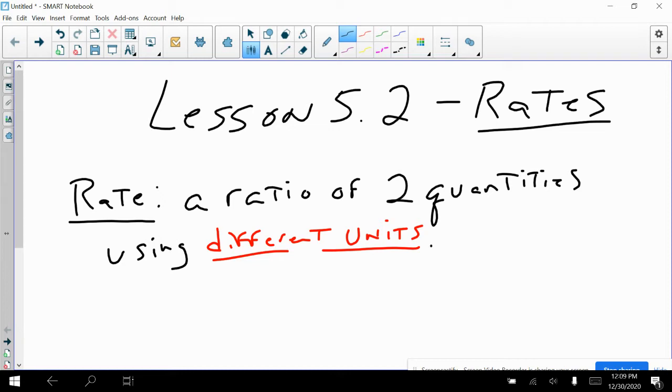Okay, so a rate is a ratio of two quantities. So that's pretty much like a ratio was. But the main difference here is it's using two different units, a different one on the top and a different one on the bottom. Okay, we like to use the word per when we refer to a rate.